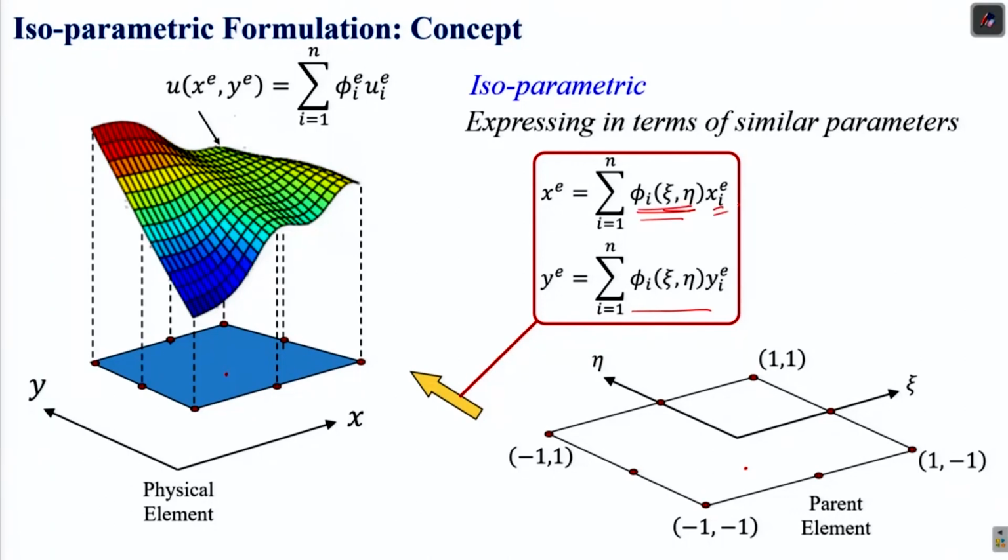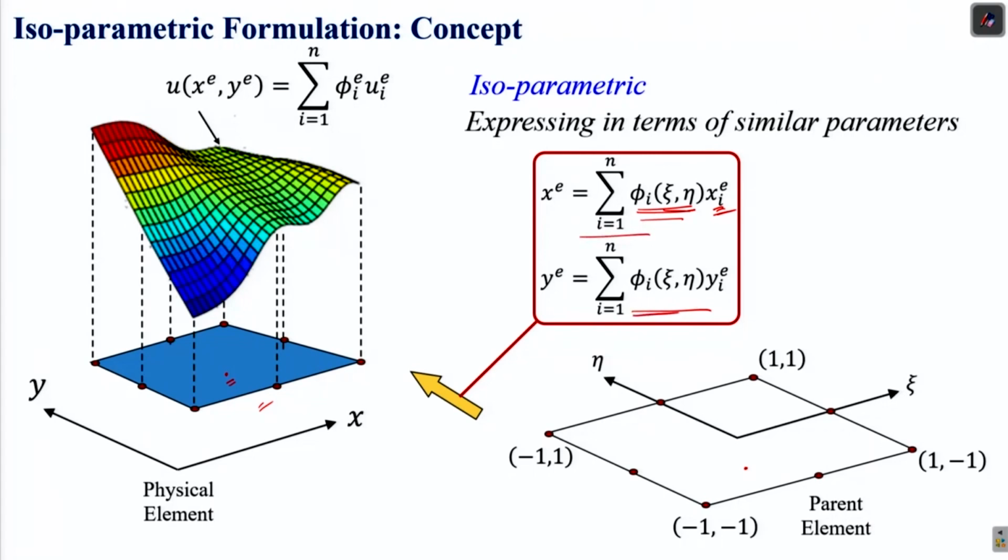The x_i, y_i are the nodal coordinates of this domain in the physical coordinate system. So this is also known. So for any value xi and eta, we get the corresponding x and y like this.